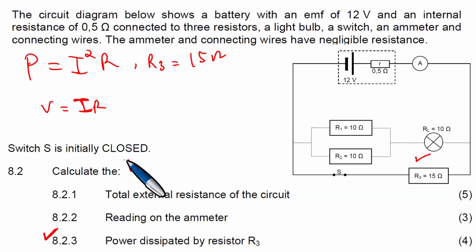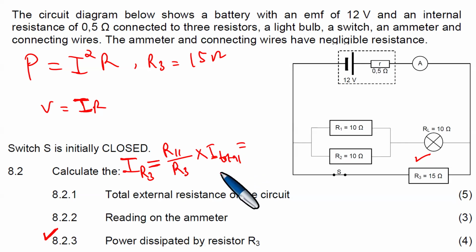Or alternatively, the easiest, I believe, is to find the actual current IR3. To get the current through R3, you deal with the R parallel against the R3, times I total.